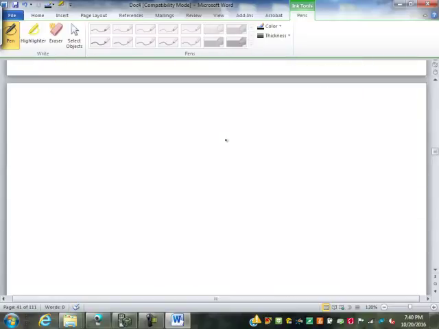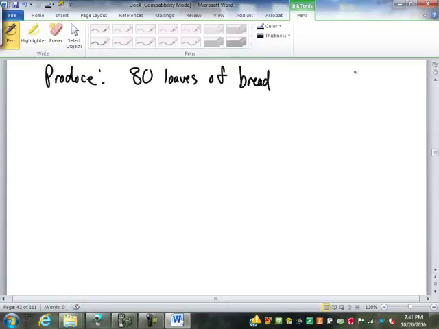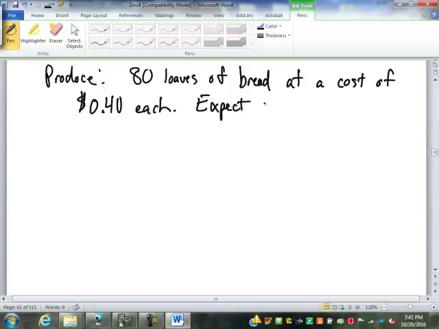But let's do one more example with that recovered cost. Let's say you're going to produce 80 loaves of bread at a cost of 40 cents each. You expect 15% not to sell.